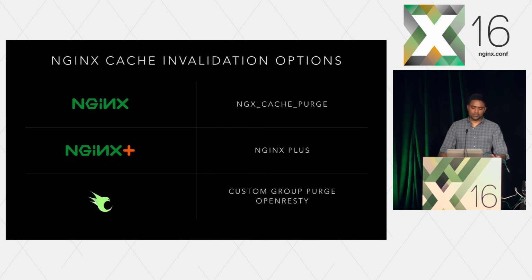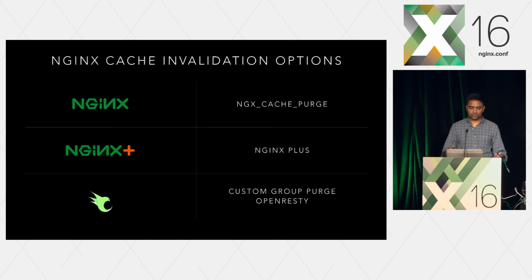Back to the options. So we looked at 3 different options. There's the really basic one that comes with the Nginx open source version, which is a pretty simple idea where you say, I want this thing removed, and it goes away. Nginx Plus also has that feature, but you can also do prefix matching.